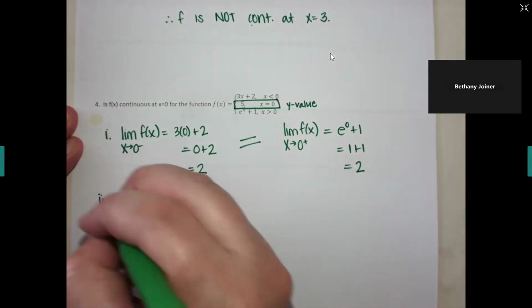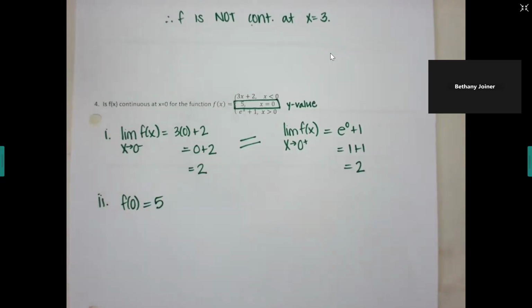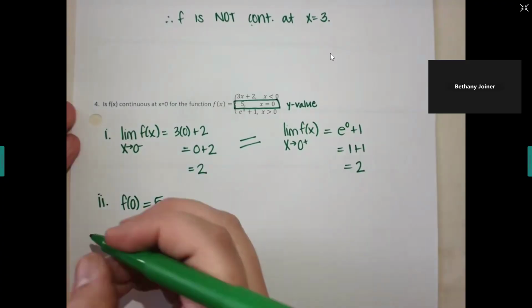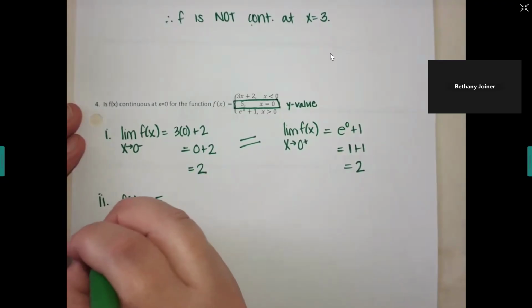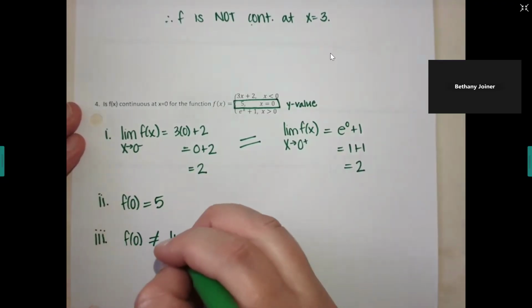So for step number 2, I would say f of 0 is equal to 5. Now for condition 2, is it met? Did I have a y value? Yes, it's 5. Condition 3 says those had to equal each other. Will that one be met? No. So for condition 3, you would say that my y value did not equal the limit.